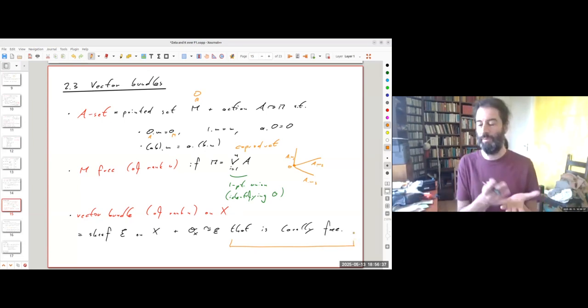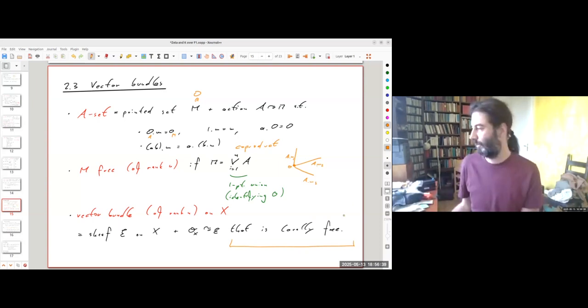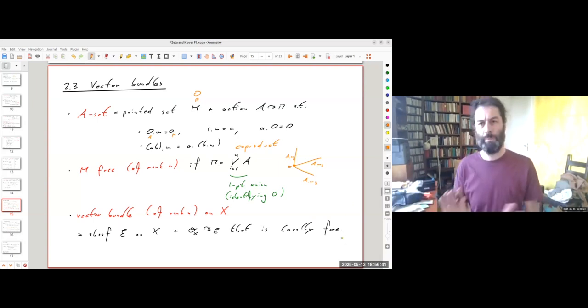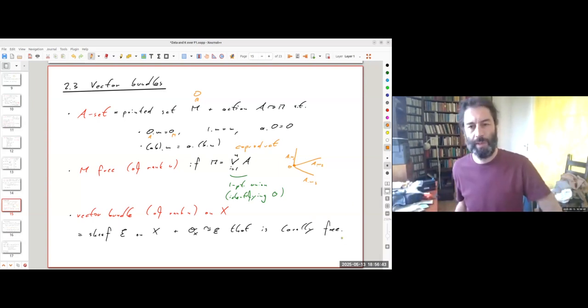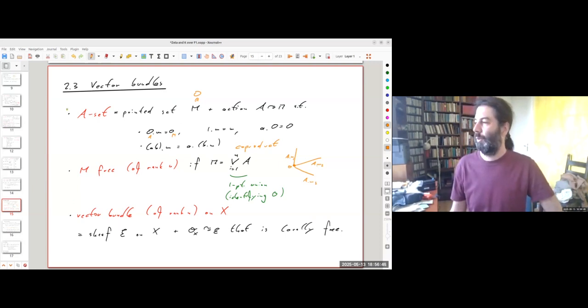Like the definition of a vector bundle as a locally free sheaf. I wanted to give you a proper definition in the affine case, and then for the vector bundle, you just copy what you do in usual algebraic geometry.